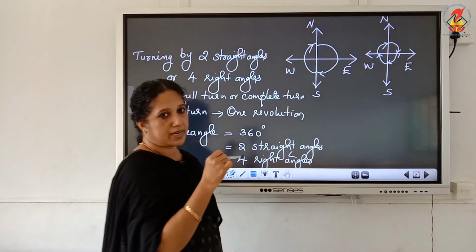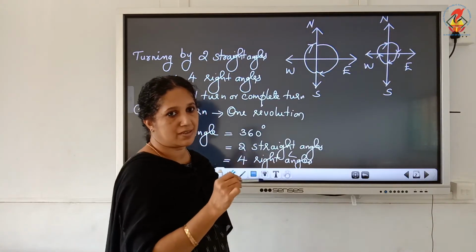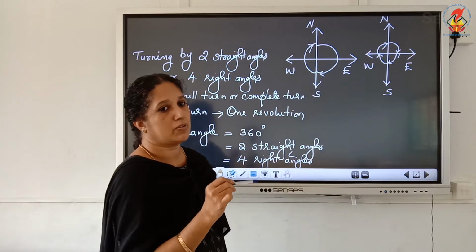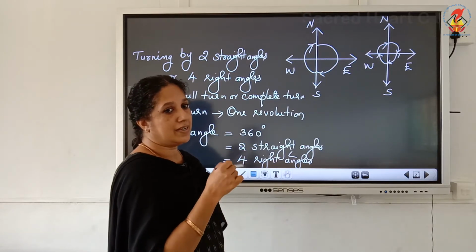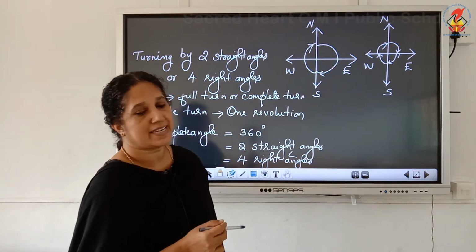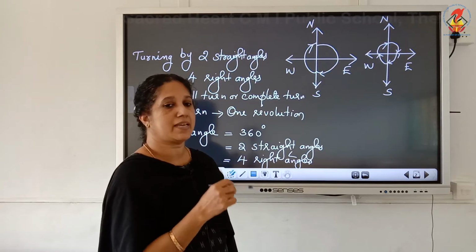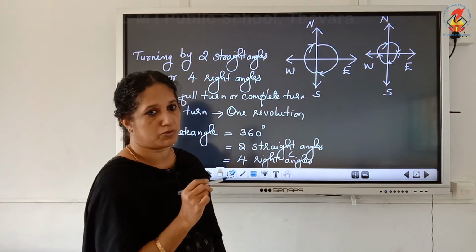We turned four right angles and we completed the full turn, and we can call it a revolution. Therefore, turning by two straight angles or four right angles in the same direction make a full turn, and this full turn we can call one revolution.